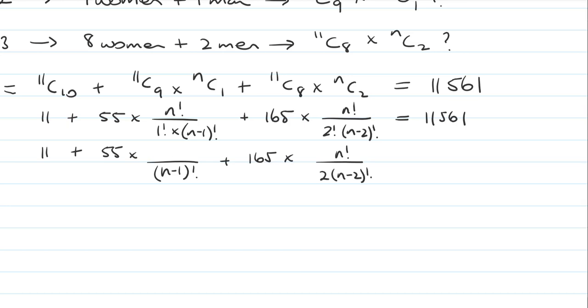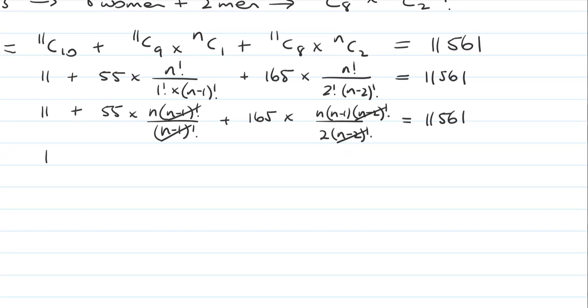Now I'm going to change these n factorials. I'll change this one to be n times n minus 1 factorial, and I'll change this one to be n times n minus 1 times n minus 2 factorial. So I'm just reducing it down to match the minimum I've got in my denominator. And now I'll cancel that out, and I've removed the factorial issue.